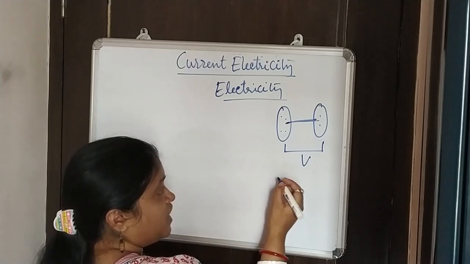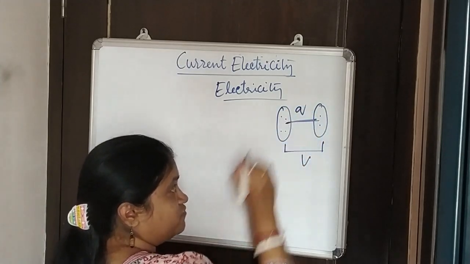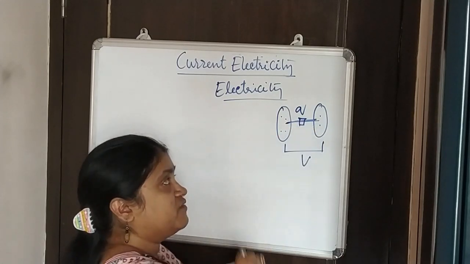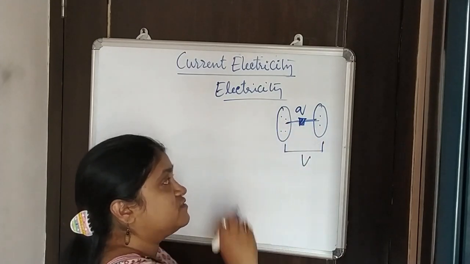Now suppose I have Q coulomb of charge flowing. Let's take a small cross section of this wire.